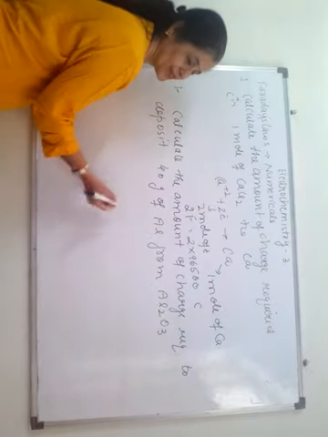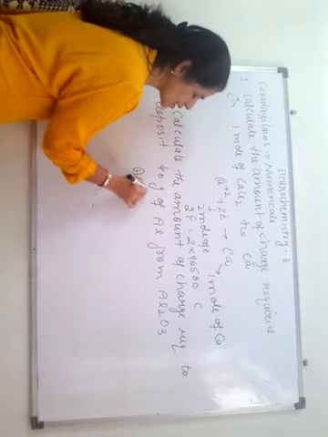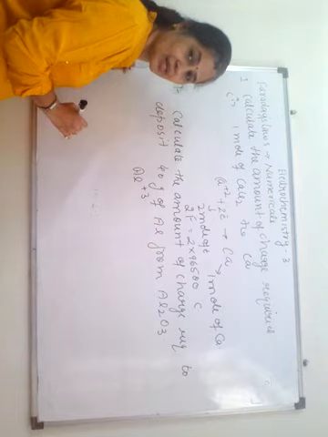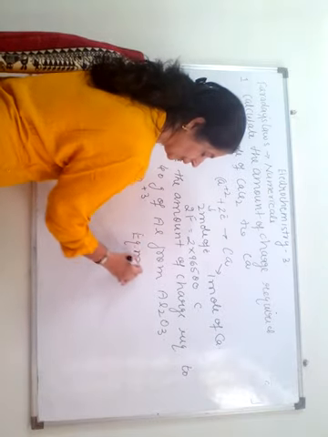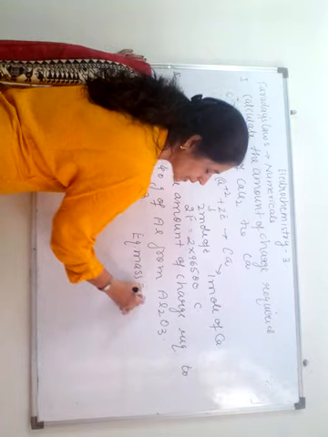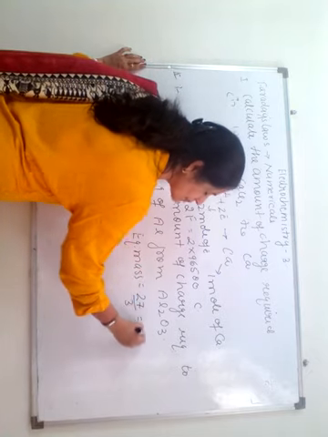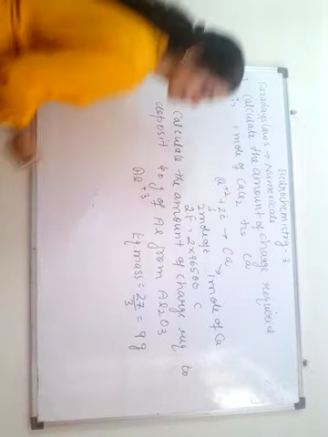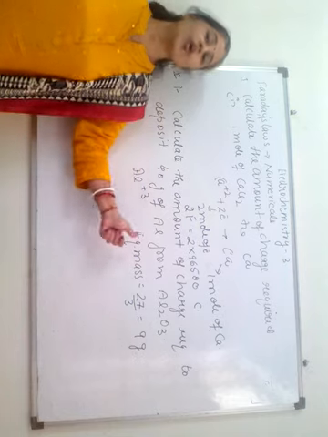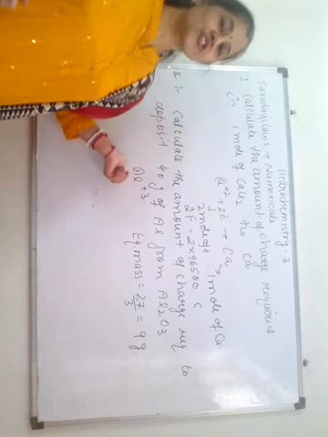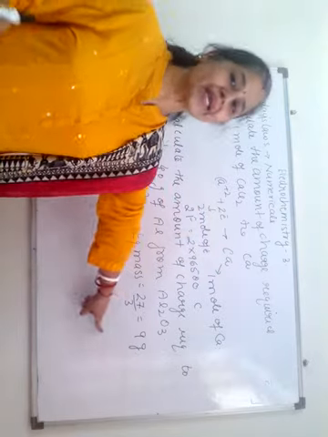Now we know children, in Al2O3 the charge on aluminium ion is plus 3 and equivalent mass E will be equal to atomic mass, that is 27 upon valency 3, that makes it 9 grams. Equivalent mass is 9 grams, and we know 1 Faraday of charge will always deposit a mass equal to 9 grams.